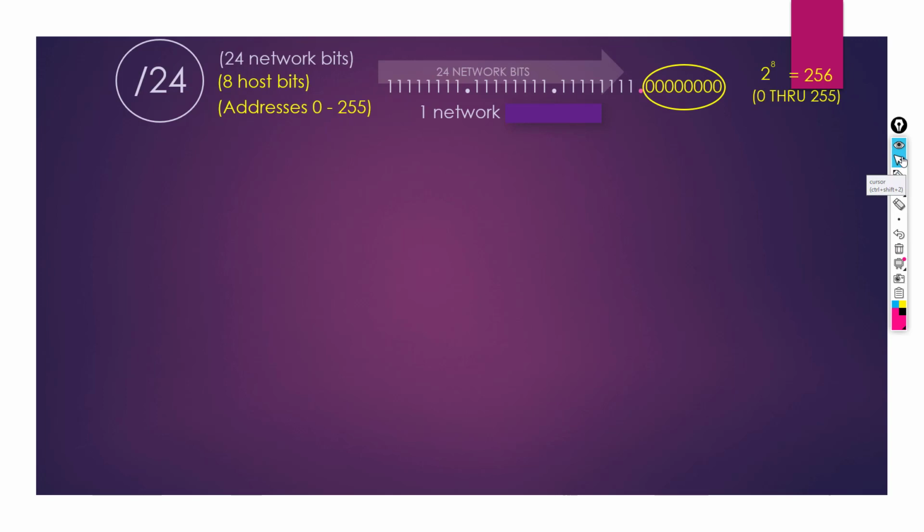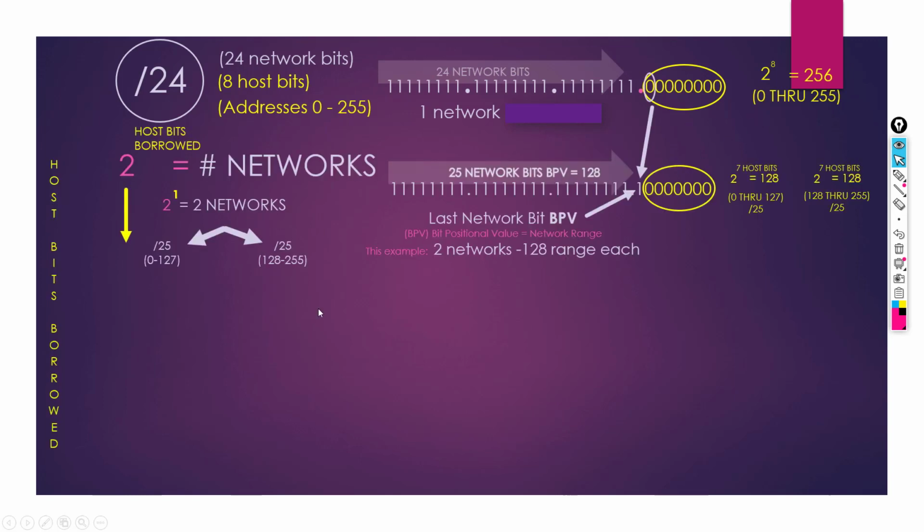So here's an example. If we take a 24-bit network and we have one network that's a 256 range, we can tell there are 256 addresses in here. If we borrow one host bit, so if we take this host bit right here and turn it into a network bit, that's borrowing one host bit. 2 to the power of 1 gives us 2 networks.